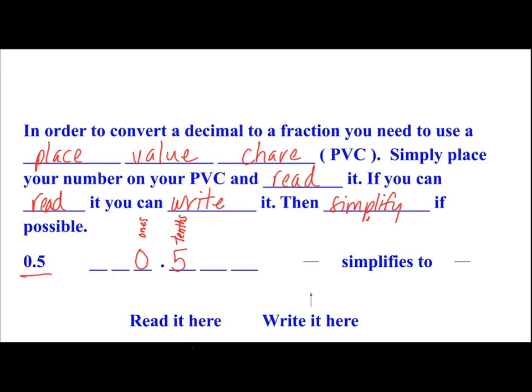So to read this decimal, we would say 0, the decimal point makes us say and, 5/10. So to write 5/10 as a fraction, it's simply 5/10. Well, 5 and 10 can both be divided by 5. So when I simplify, I end up with 1/2, which is just like what we saw on that first slide.